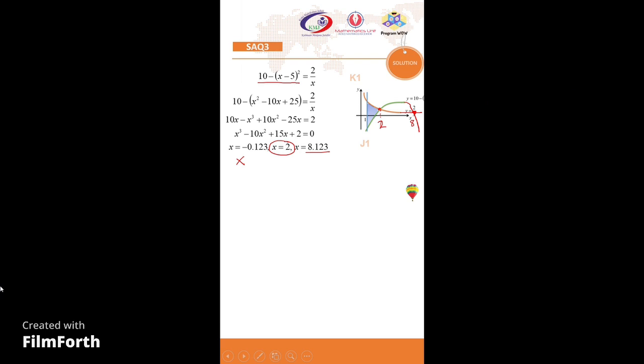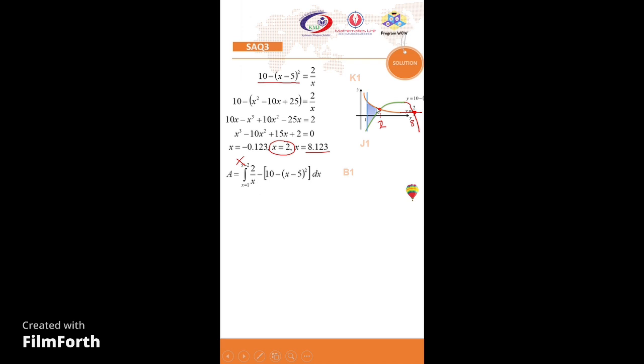So next we want to find the area under the curve. So we use the formula, which is area is equal to the integral from the lower limit until the upper limit, of the upper function minus the lower function. Okay, so we identify the limits, 1 until 2.